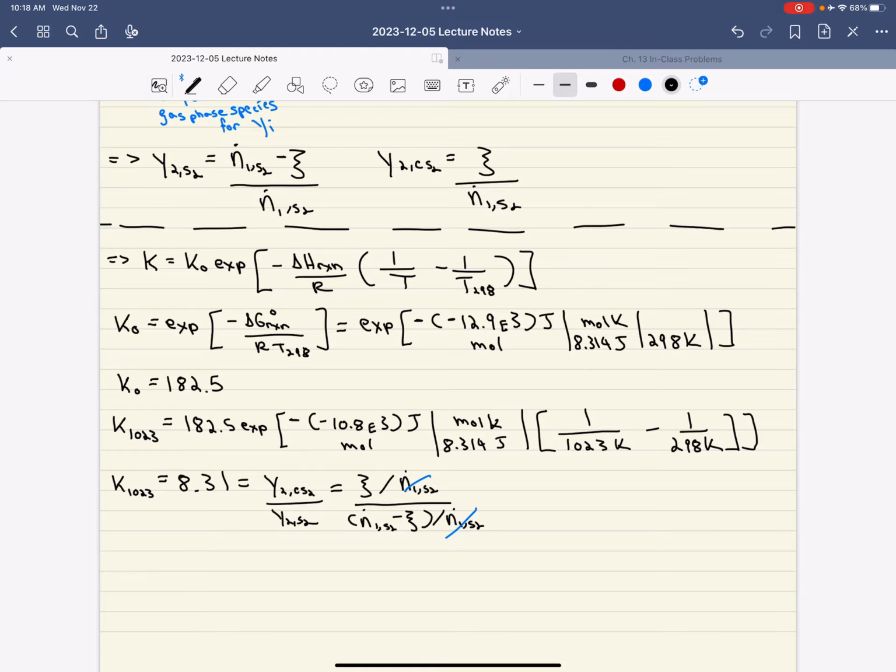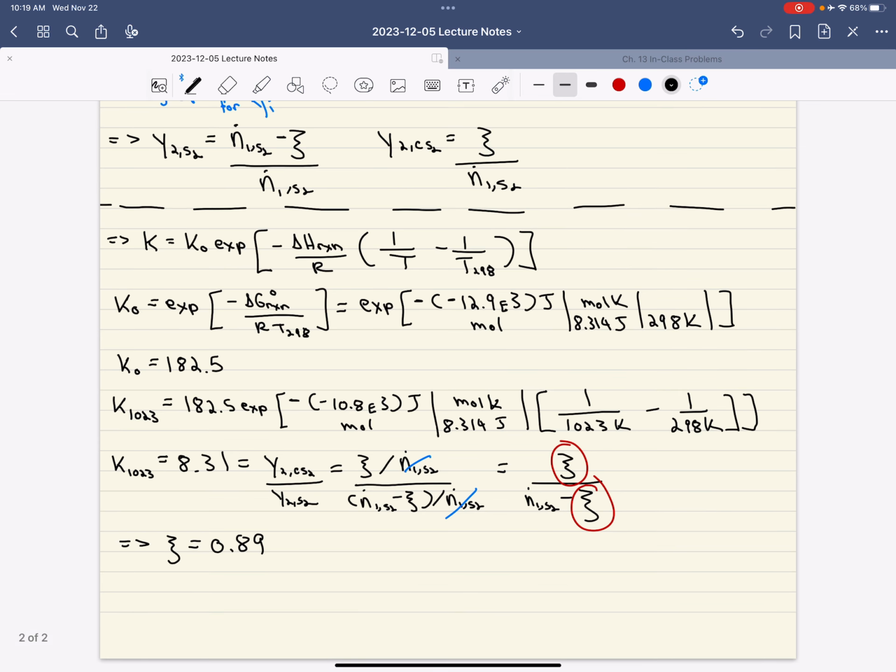N1S2's cancel. We get psi over N1S2 minus psi. One equation and one unknown. So if we solve for psi, we got 0.89. Okay? All right, so because we're using 1 mole per second, this means about 89% of the sulfur is consumed, right?